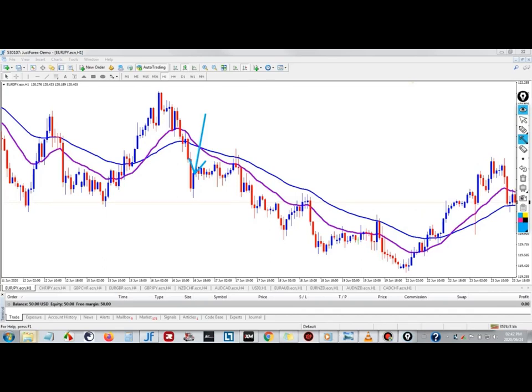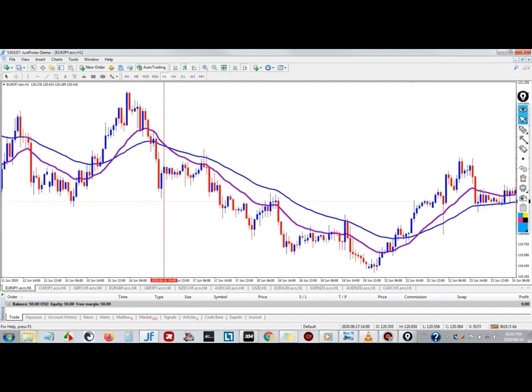I'm not saying sell instantly after that candle closes. You must make sure that you wait for the candle to close. Let me mark it with a vertical line there.